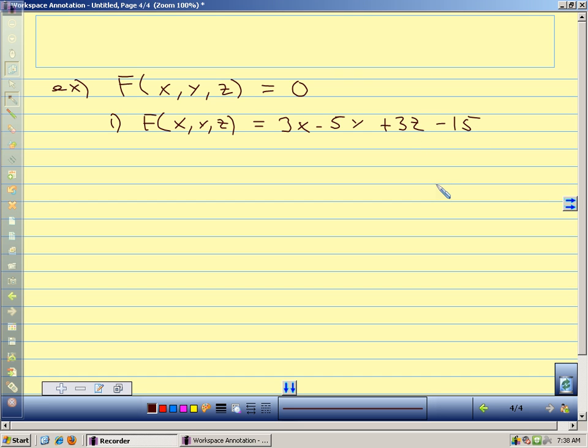What is that surface? What is the level surface that this describes? We're in 3 dimensions, and it's a linear relationship in all 3 variables, so this is a plane. So the level surface f of x, y, z equals 0 for this particular f is a plane.